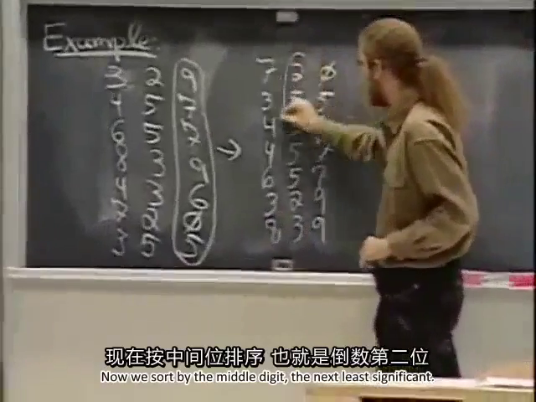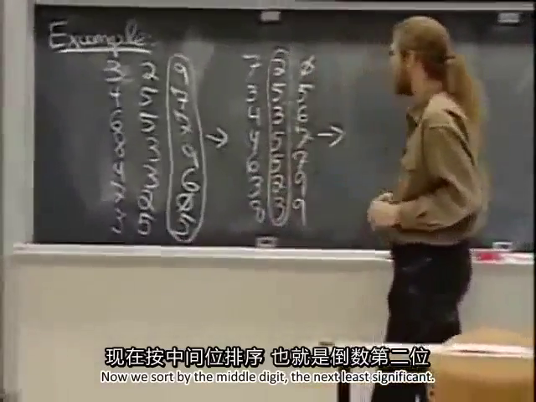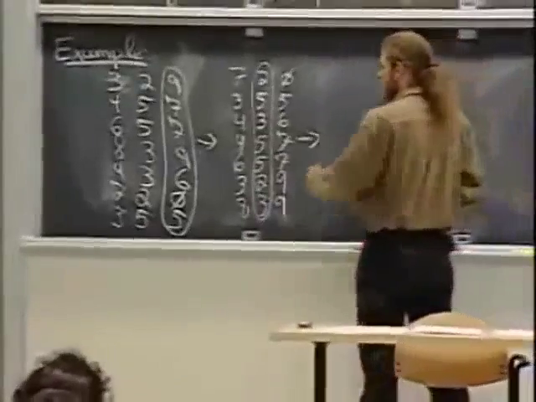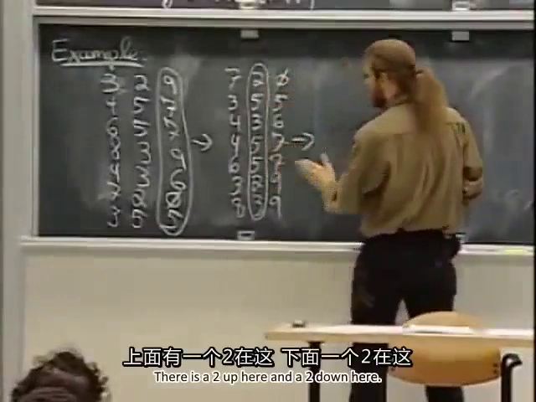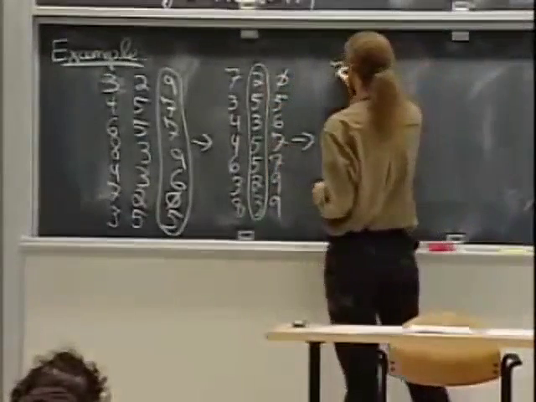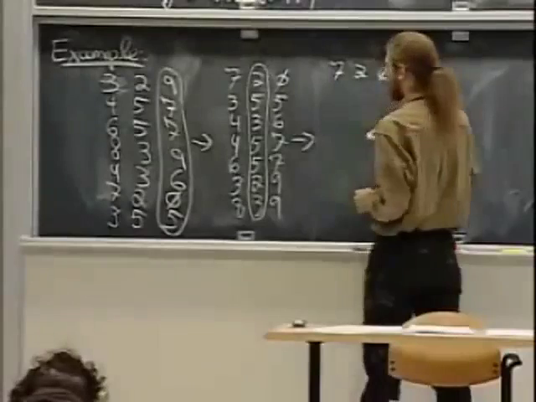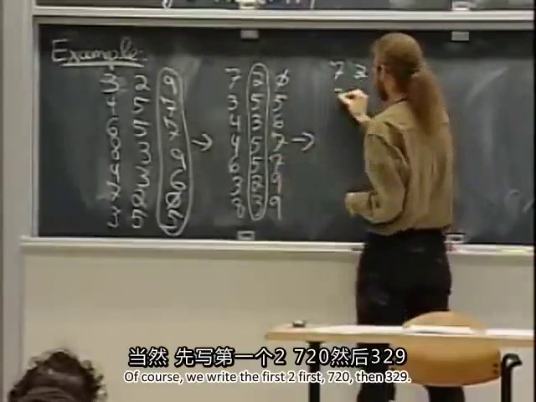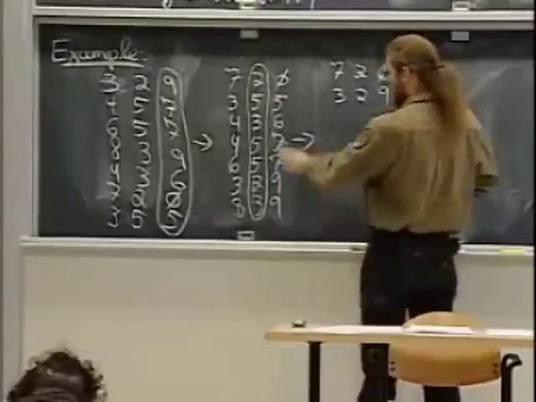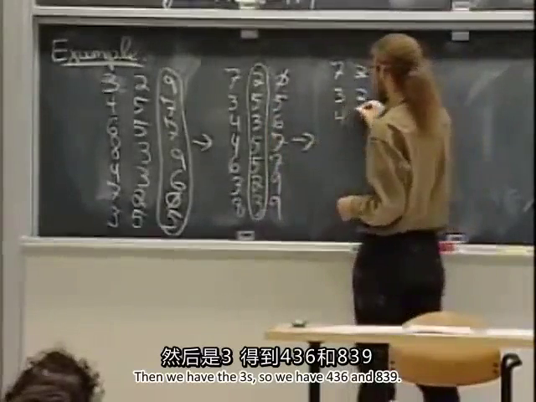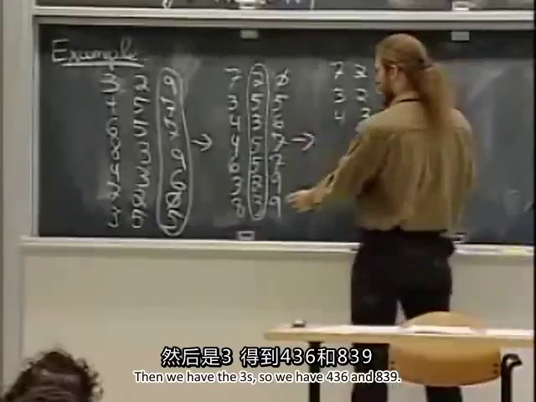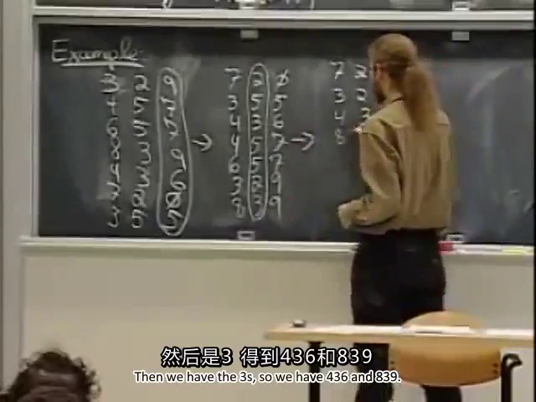Now we sort by the middle digit, the next least significant. And we start out with the 2s. There's a 2 up here and a 2 down here. So, of course, we write the first 2 first. Then 329. Then we have the 3s. So we have 436 and 839.